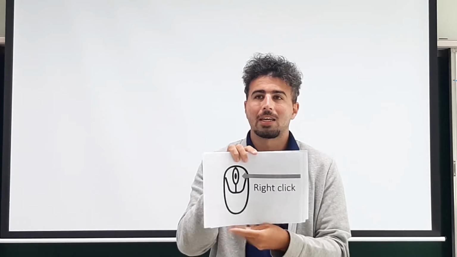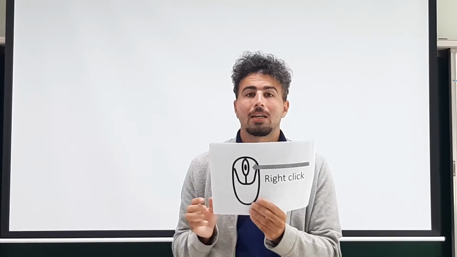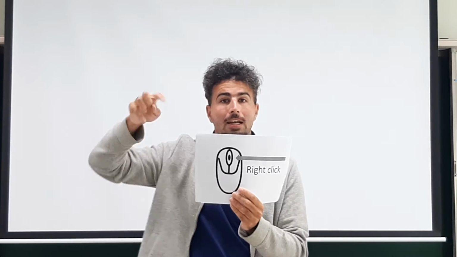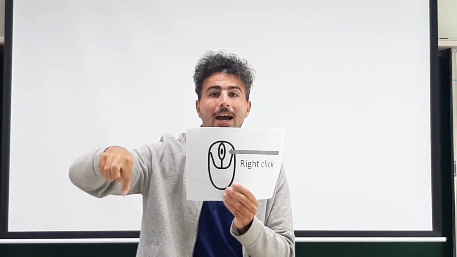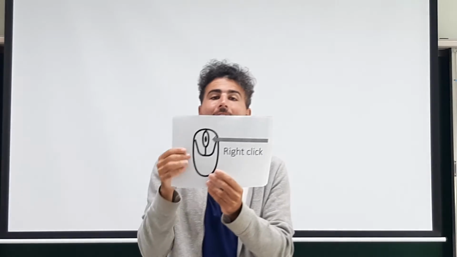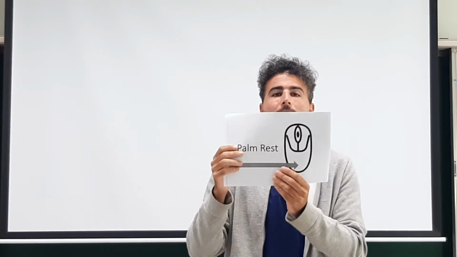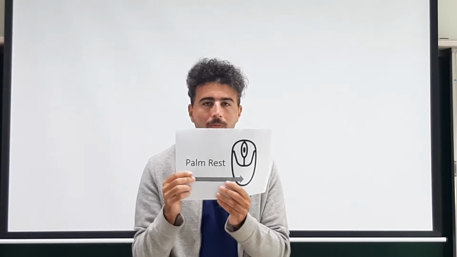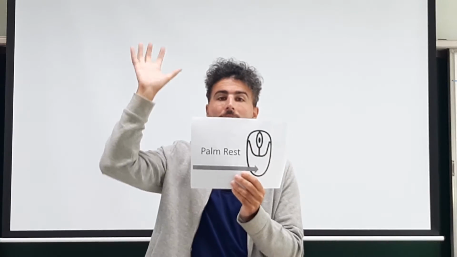Next one is right click. Action, right click. Did you get it right? Right click is this hand here. Right click on the right side. Right click, click, click. Okay. And the next one. Action, palm rest. Palm rest is this one here.